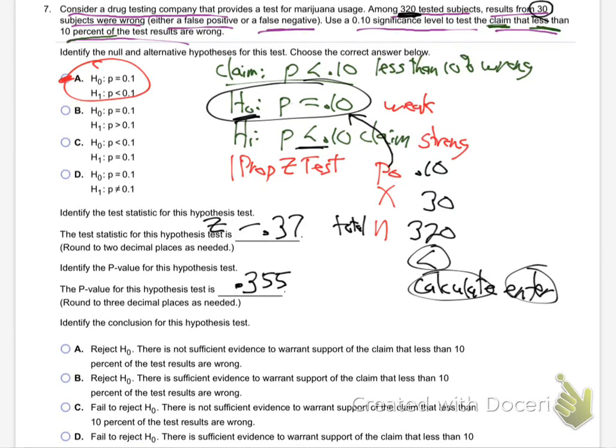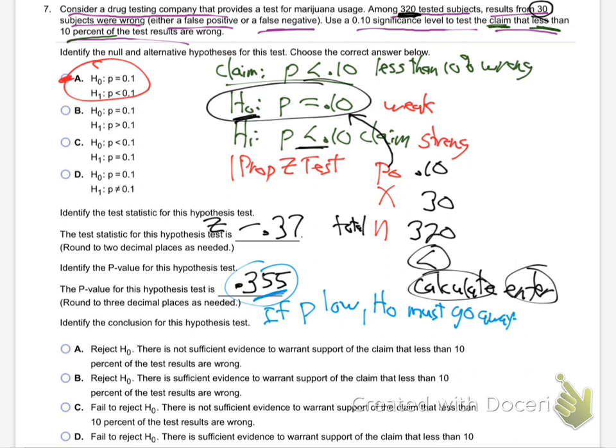Okay, so let's say what the conclusion is. What's our p-value in this one? Remember how it works. If the p is low, then the H0 must go away. Is the p low? No. This is not a low p.